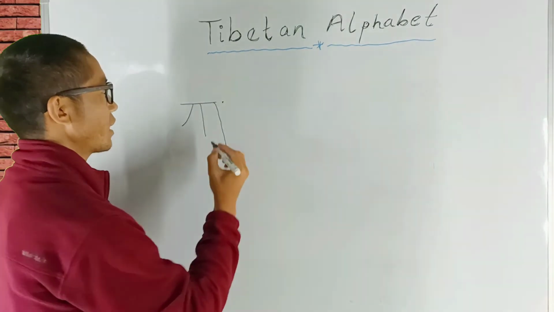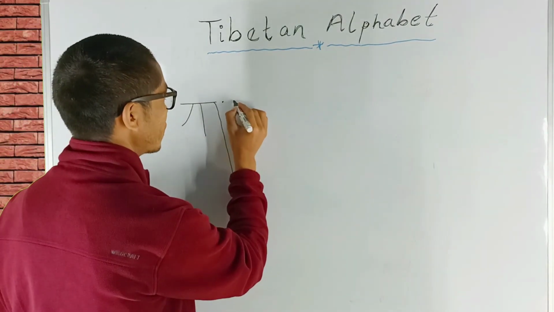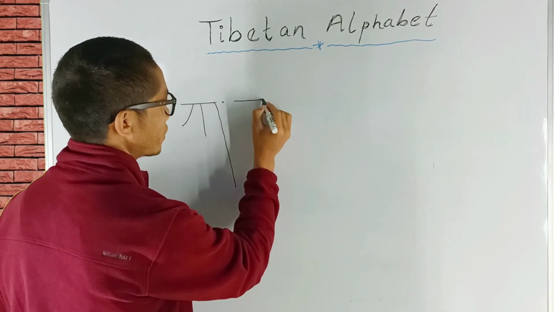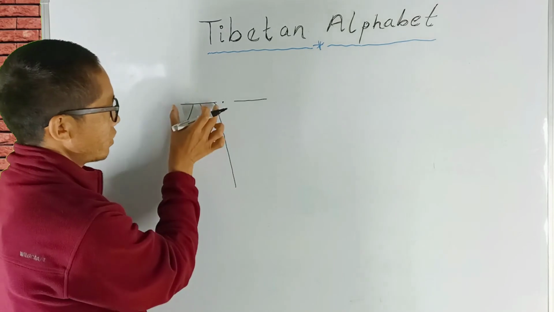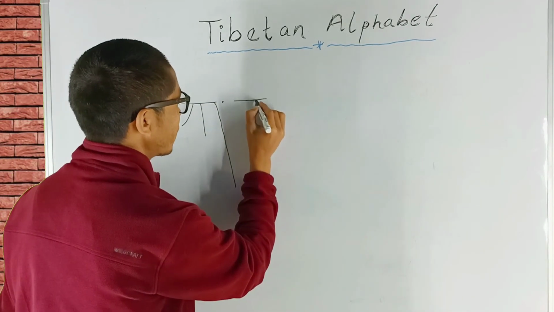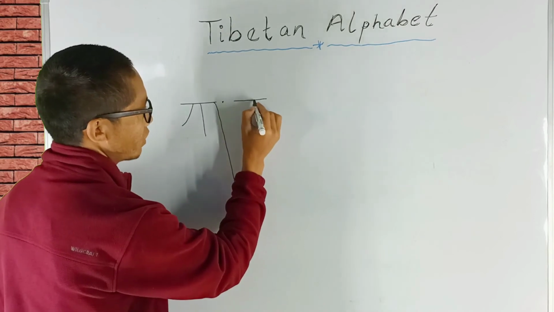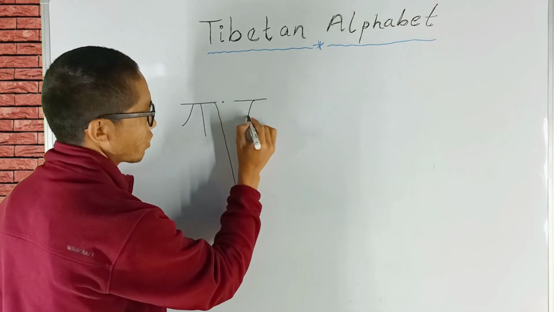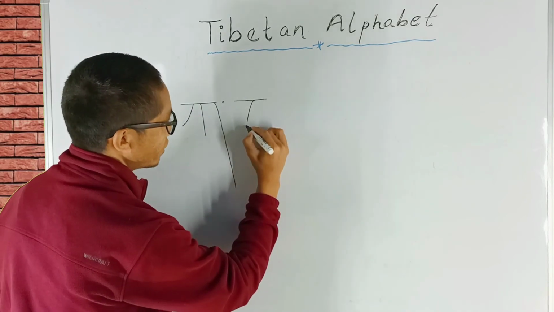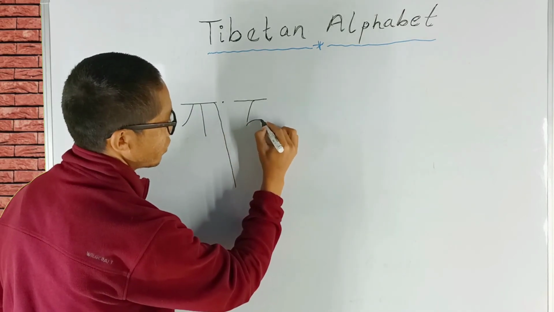And the second one: the straight line is the same, the measurement is the same, but it's not just straight. From this, it gets a little curve, and then you bring it down like this.